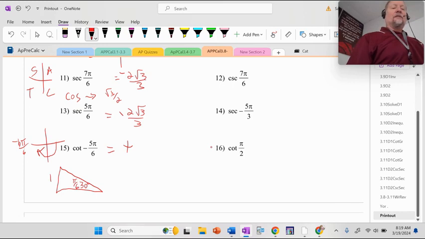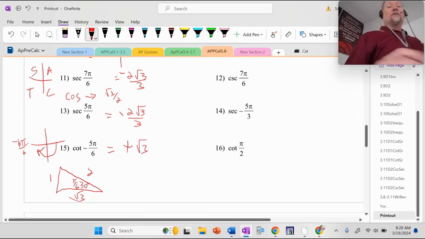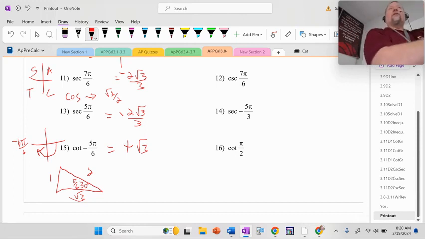Tangent is opposite over adjacent. So this is the reverse, root 3 over 1. A level 4 student does this. Tan of pi over 6 is root 3 over 3. So cotan is the other one, root 3. That's how a level 4 or even level 3 student does this. So that's what we got to take out of that.